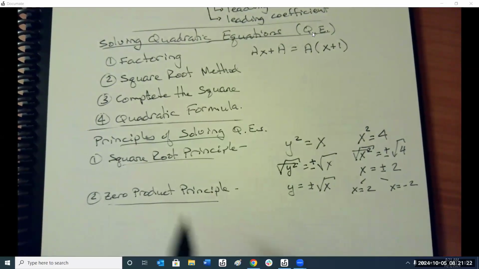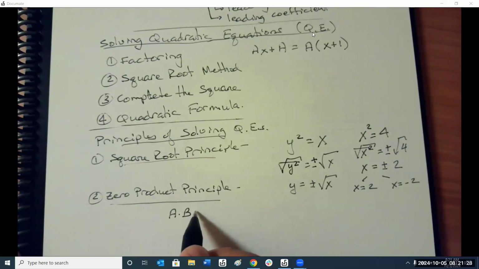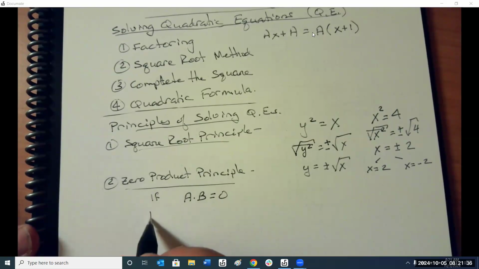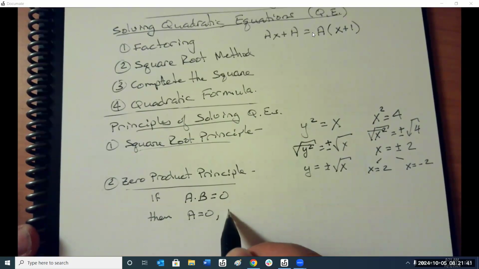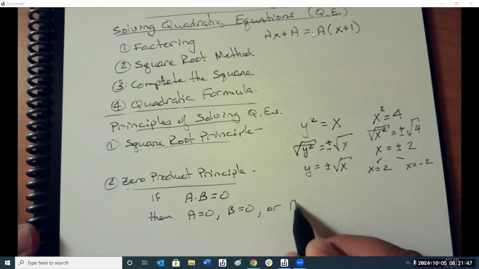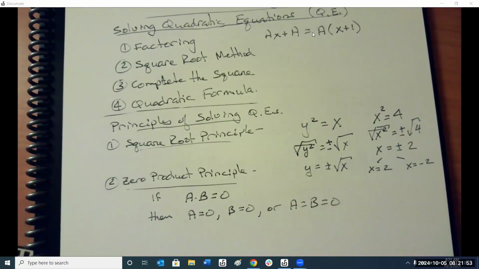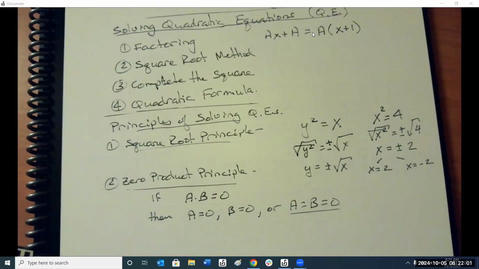What the zero product principle tells us is if we have 2 terms multiplied together and they equal 0, then a equals 0, b equals 0, or a and b both equal 0. For this case, since we don't know which one's which, we always set them both equal to 0 and then solve for x.